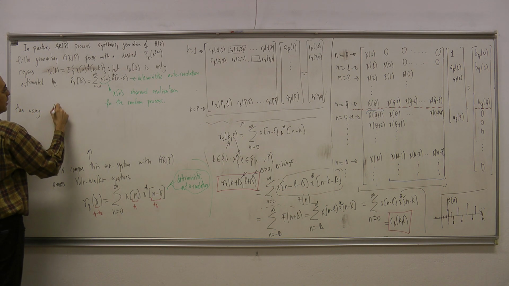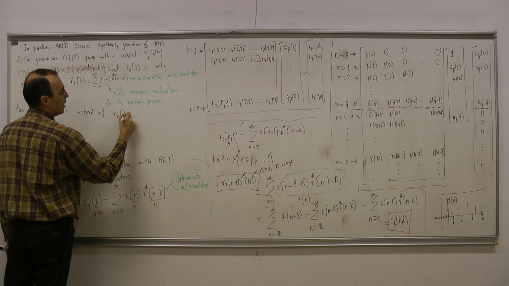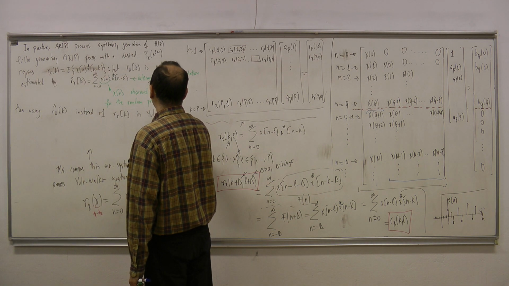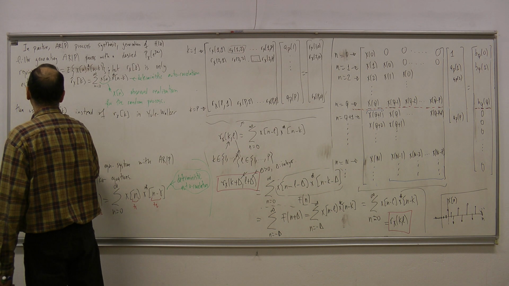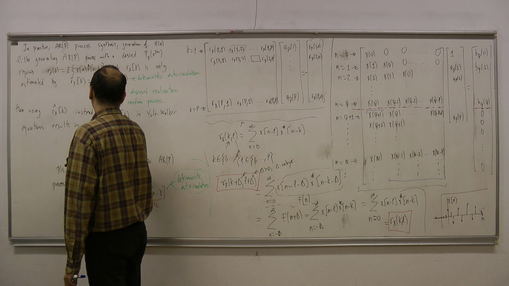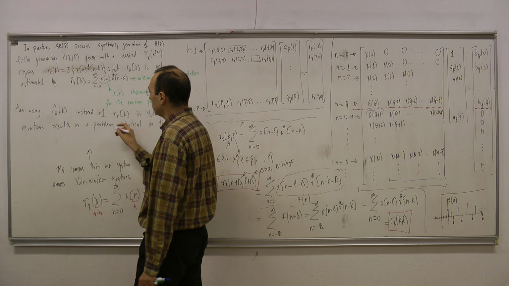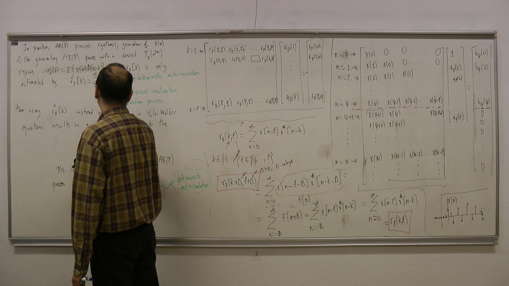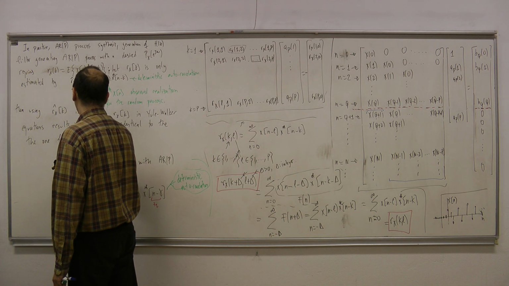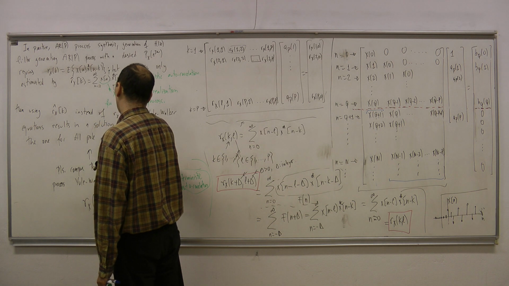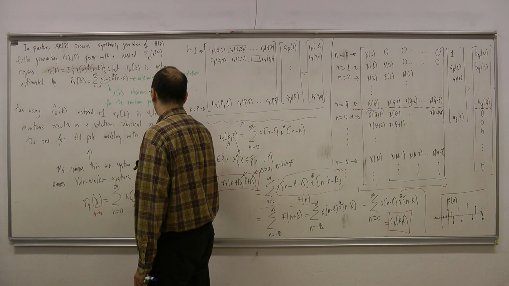Then what happens? If you insert this, using Rx hat of k instead of the true values Rx of k in the Yule-Walker equations results in a solution identical to the one for all-pole modeling with Prony's method.